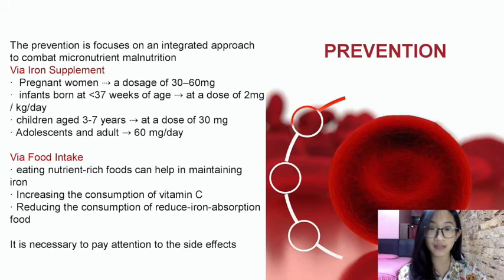It can help increase iron absorption. The third one is reducing the consumption of foods that reduce iron absorption, because some foods can inhibit the absorption of iron, such as phytate, phosphate, and tannin. It's also really necessary to pay attention to the side effects.